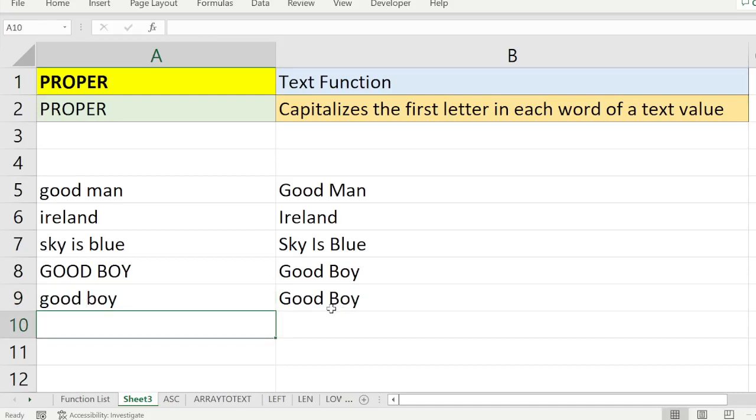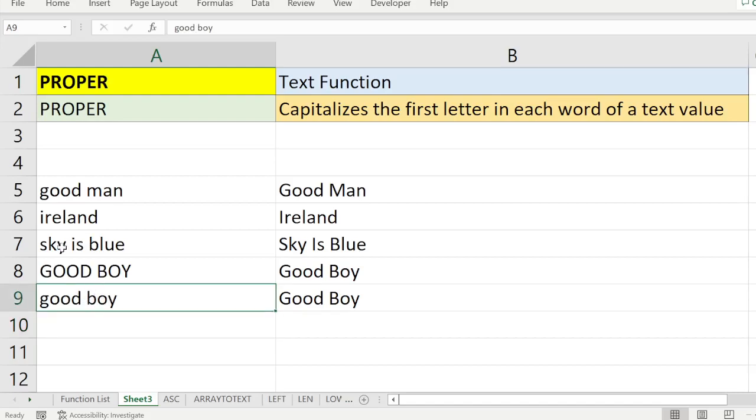Once you introduce a space, then this B is also capitalized. So the space is the one telling PROPER that the word which is following the space is a different word. If there is no space, then it won't convert it to a capital.